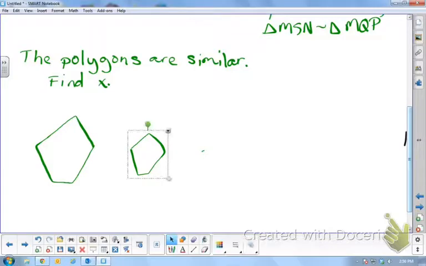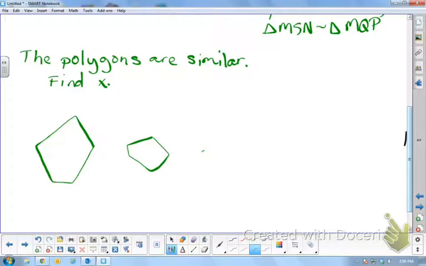Now maybe this shape was rotated. So let's say this side is x minus 2, this side is 10, this side is 5, this side is 4, this side is 3, this side is 5.